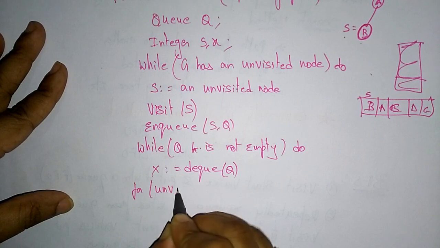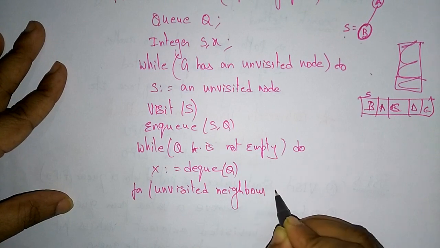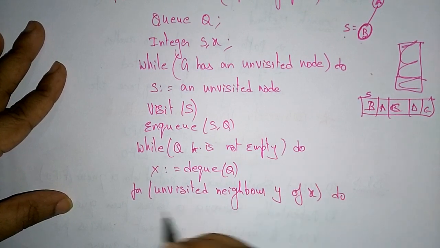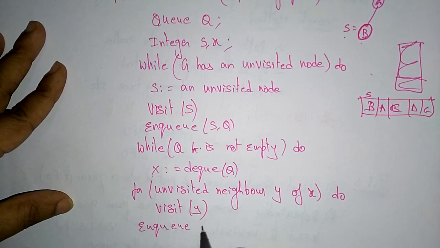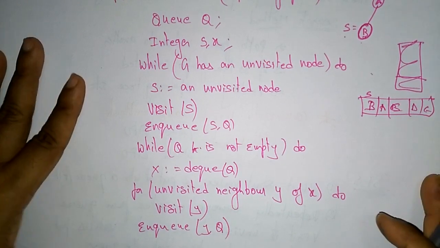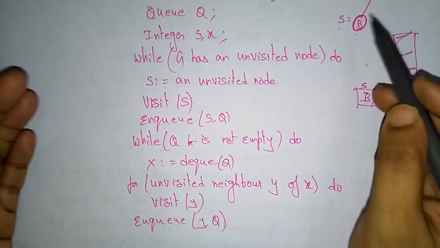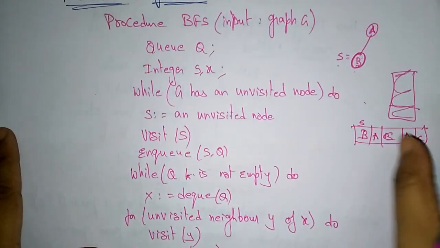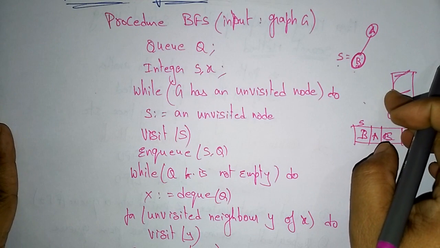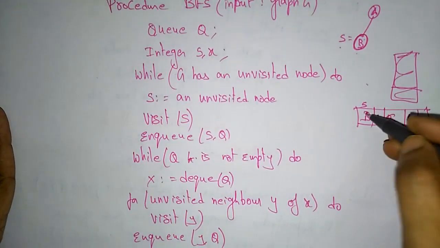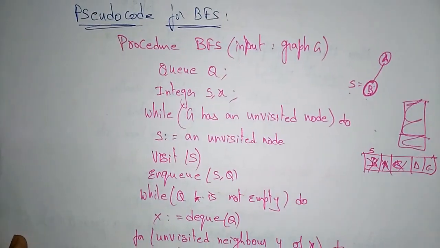For unvisited neighbors y of x, do visit y and enqueue y comma Q. Whatever adjacent vertices you visited, if that vertex doesn't have any remaining vertices to be visited, then just remove that element from the queue. So this is the pseudocode for BFS.